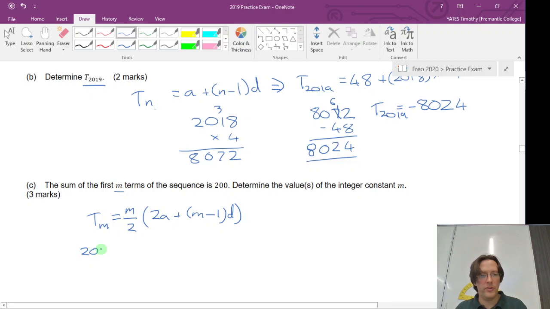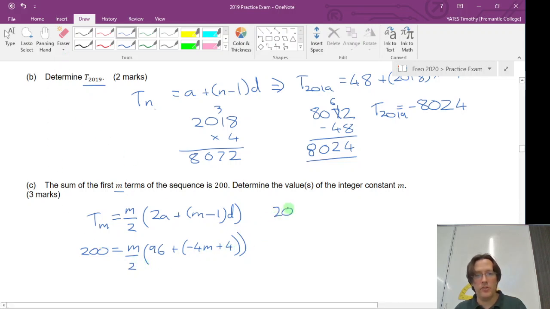We've got 200 equals m on 2, A is 48, so that's going to be 96, plus m minus 1 with negative 4 out the front, so negative 4m plus 4. We've got 96 plus 4.